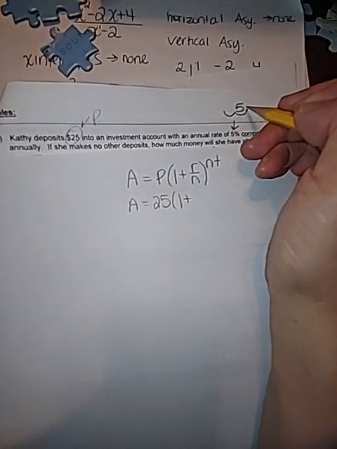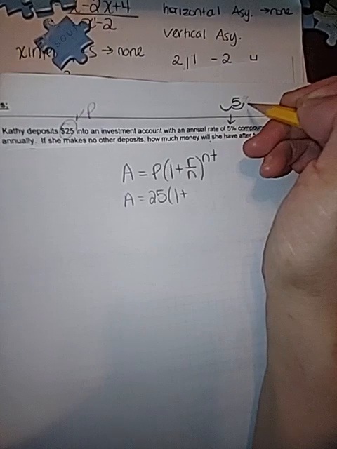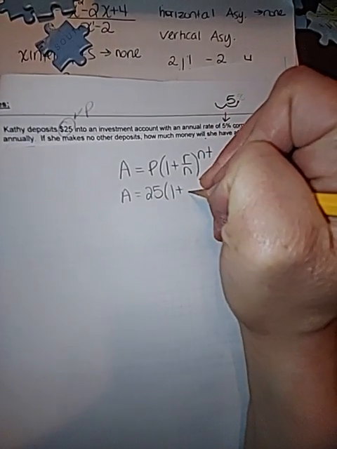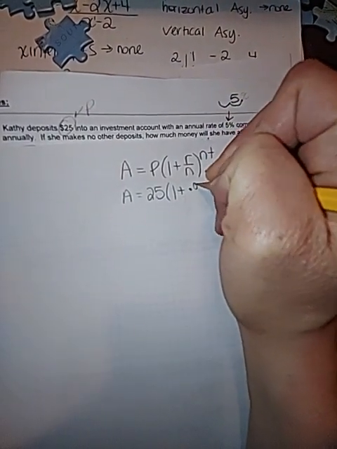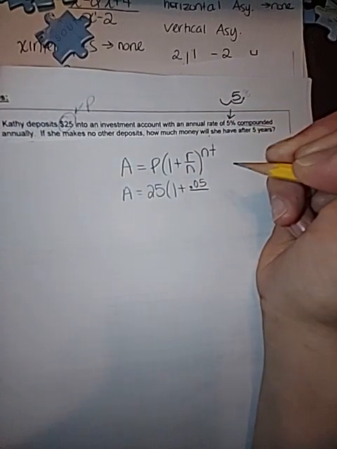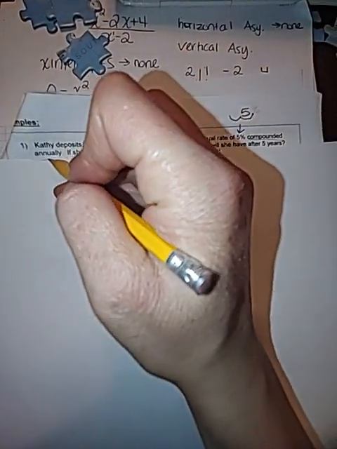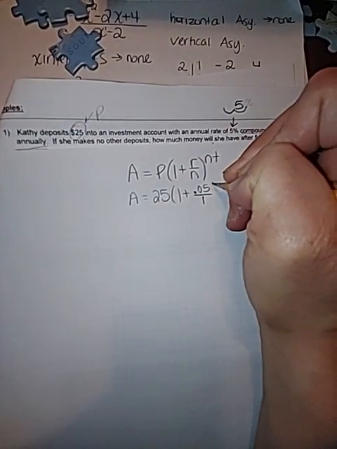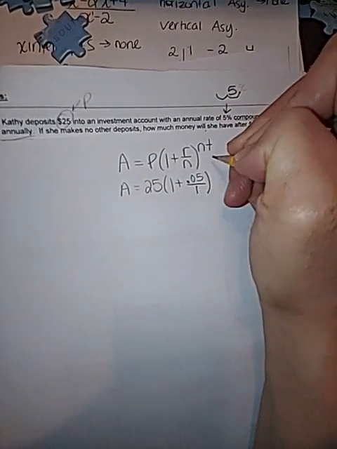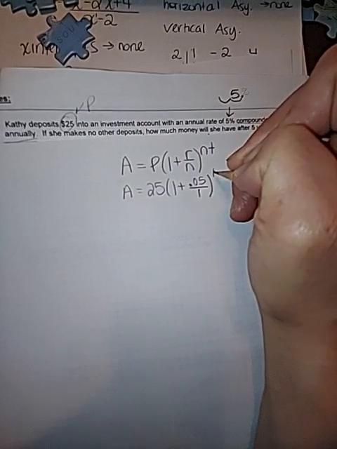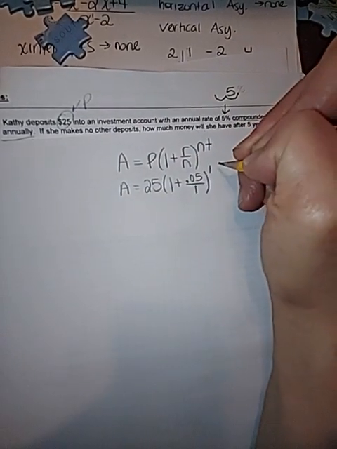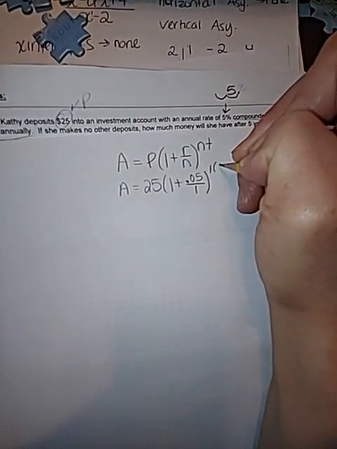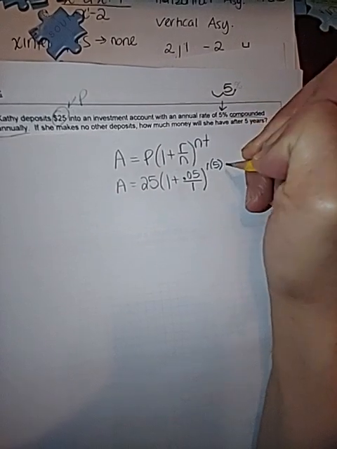So 5% changed into a decimal, moving it twice, gives me 0.05. She's receiving the interest annually, which means she's only getting it once a year. So notice that number is always the same. And she's going to leave her money in the account for 5 years.